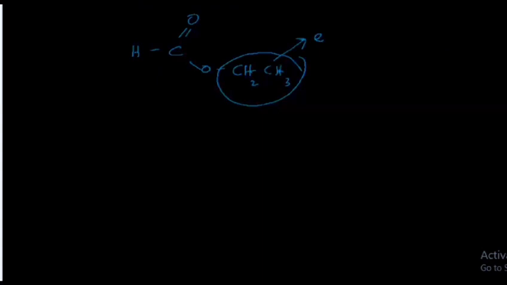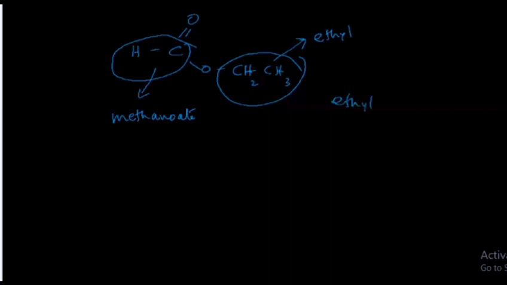There are two carbon atoms, so this is ethyl. There is just one carbon here, so this is methanoate because the ester is there. So the complete name of this organic compound is ethyl methanoate.